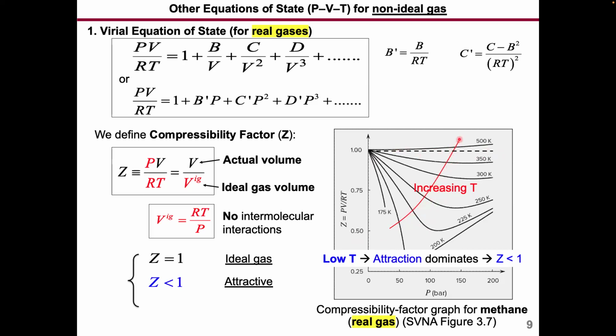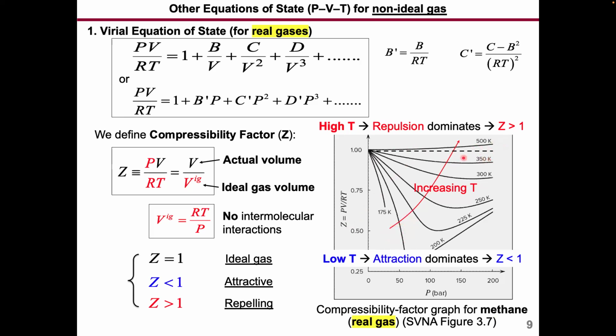Now, if you have a very high temperature, then repulsion dominates, and these gas molecules don't even want to be near each other, right? So in that case, Z is greater than 1. But the deviation from the ideal gas law, compared to a lower temperature system, is much smaller.